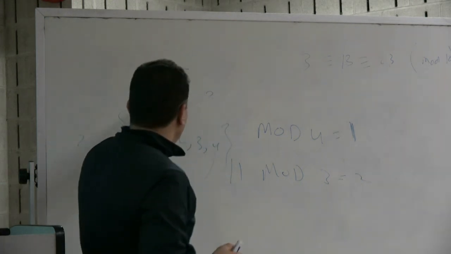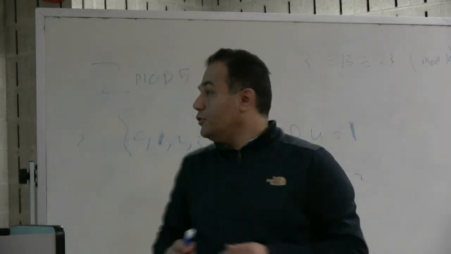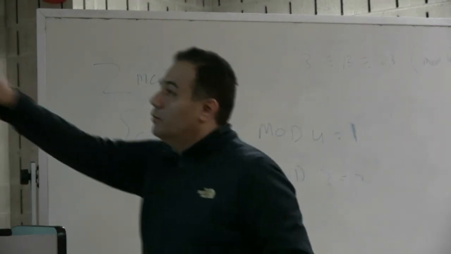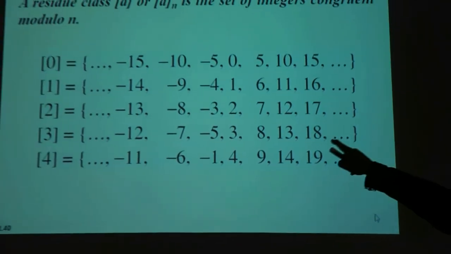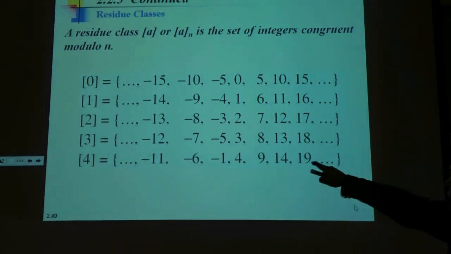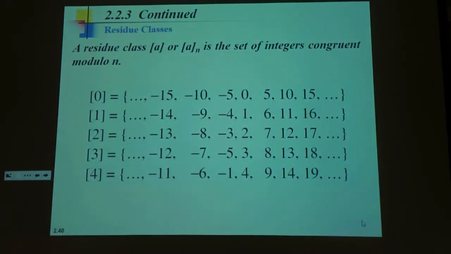You could apply this to Z, any integer. So to get 0, these are the numbers that you could use. To get 1, these are the numbers you could use. To get 2, these are numbers you could use, and so on and so forth. What we call this is the set of integers congruent modulo n. All right? Clear?